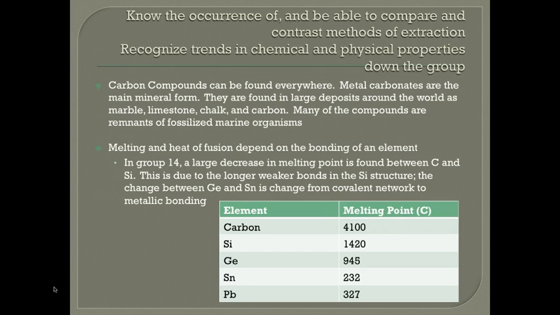Now, we've looked at chemical and physical properties before. Take a look at the table that gives some information about melting point. You'll notice that there's a fairly significant difference between carbon and silicon and tin and lead.